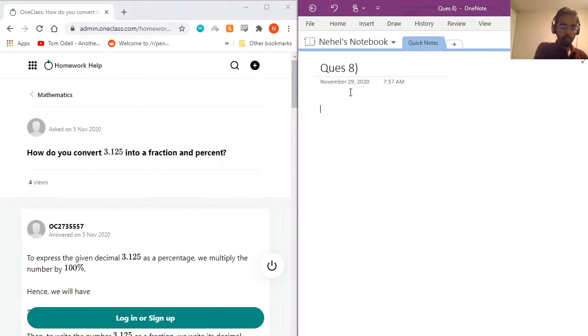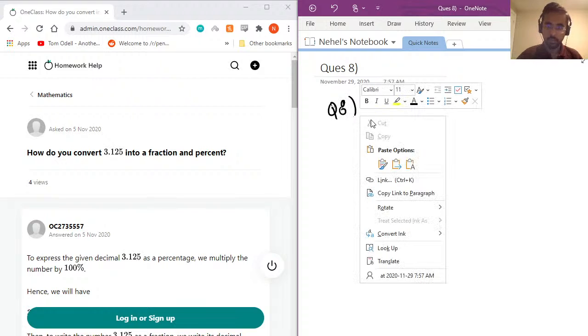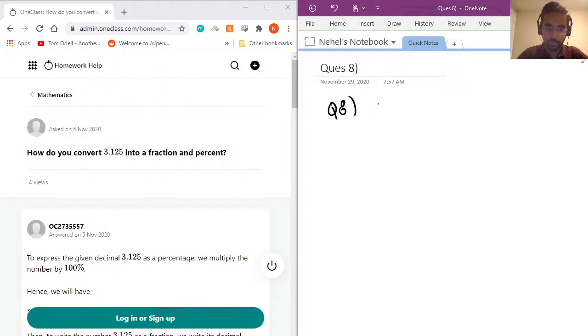How do you convert 3.125 into a fraction and into a percent? Okay, so 3.125 into two things. We need a fraction into an A over B form and then into a percentage form. So let's do the percentage first.